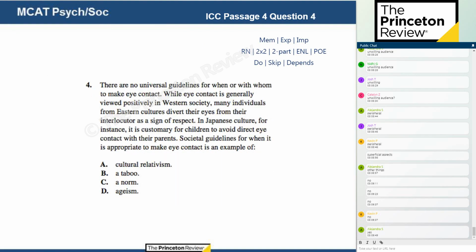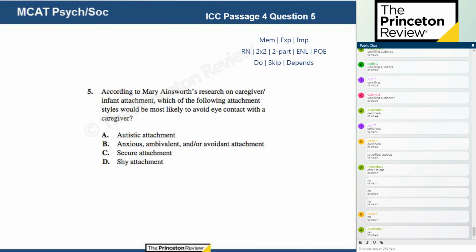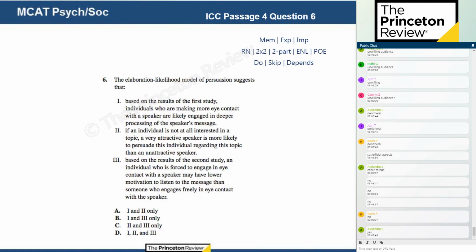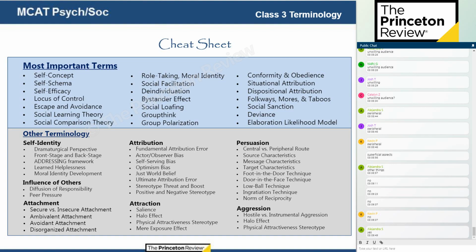I want you to see our cheat sheet for this class. Everything under most important terms, you should have a flashcard for. Absolutely.